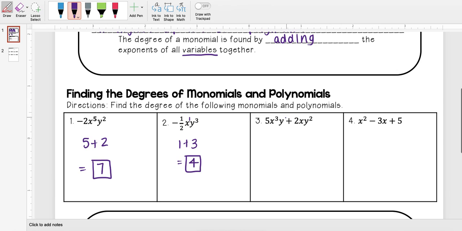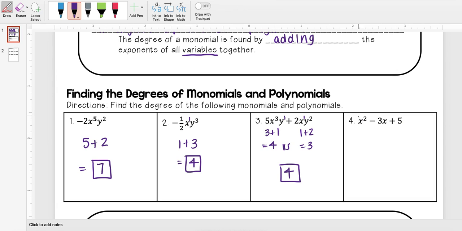So looking at this first one, again, this y really has a 1 with it. I get 3 plus 1, which is equal to 4. My second term, again, that x really has a 1 with it. So I have 1 plus 2, which is equal to 3. So the degree of this polynomial is going to be whichever one was higher. Well, the 4 is higher, so this degree is 4.